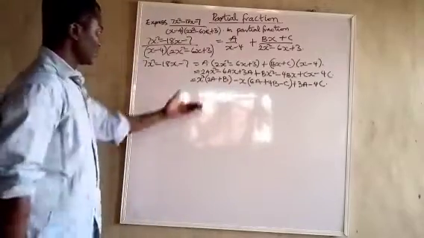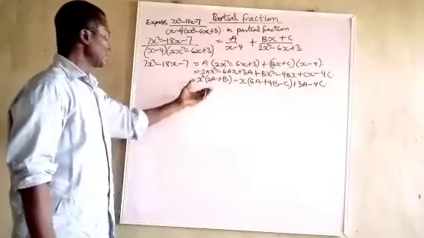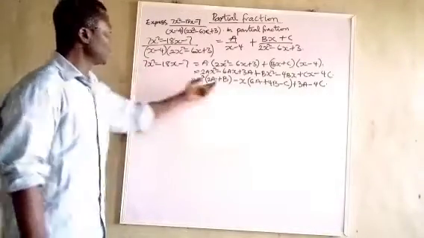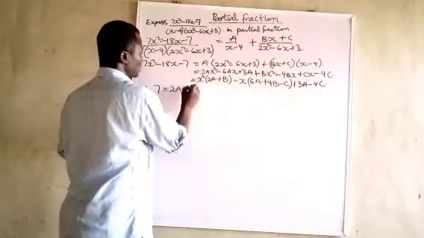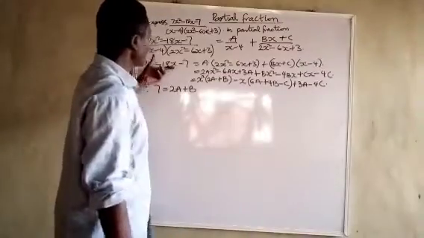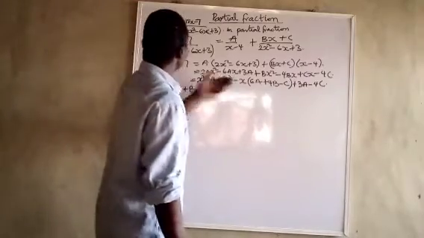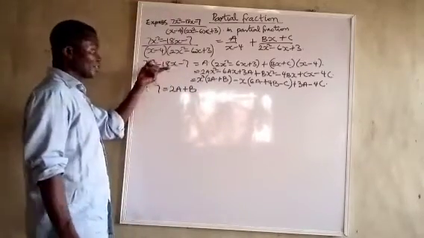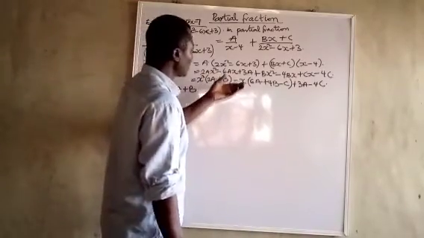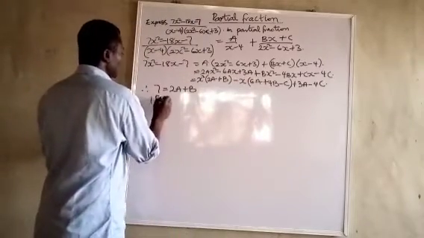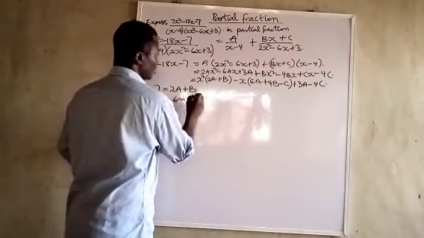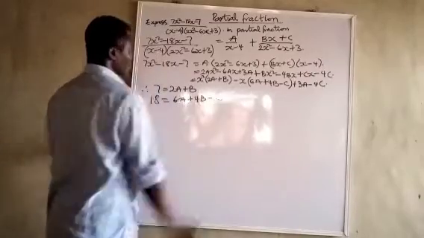Now if you look at it, for the powers of x squared, in this part I have 7, in this part I have 2a plus b. Therefore, 7 equals 2a plus b. In this part, the coefficient of x is minus 18. In this part, the coefficient of x is minus bracket 6a plus 4b minus c. So I can now say 18 is equal to 6a plus 4b minus c.